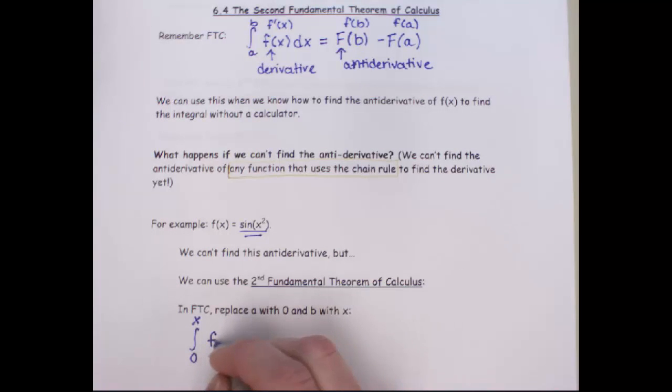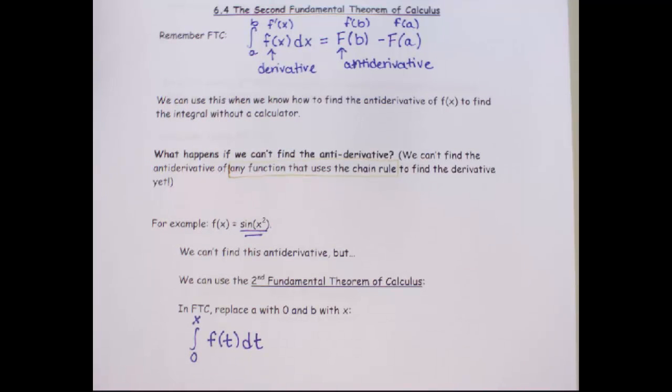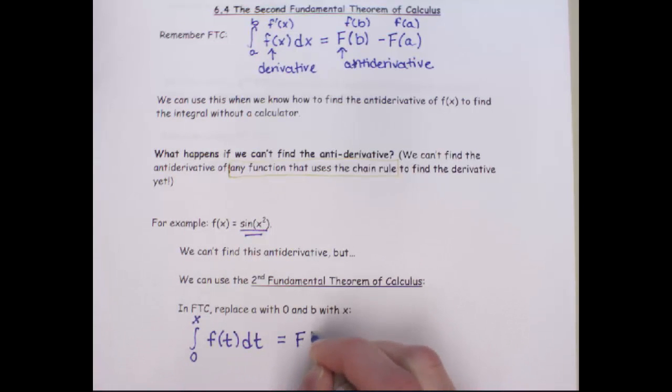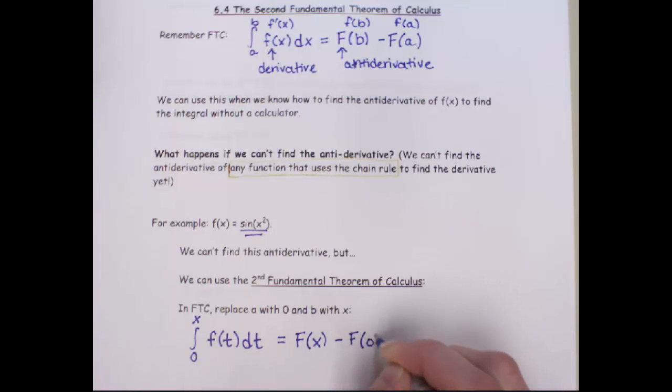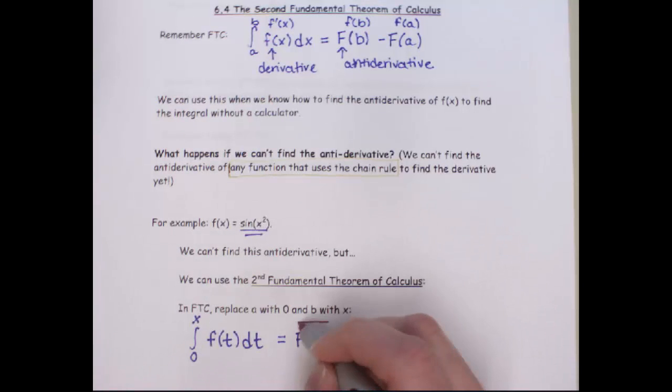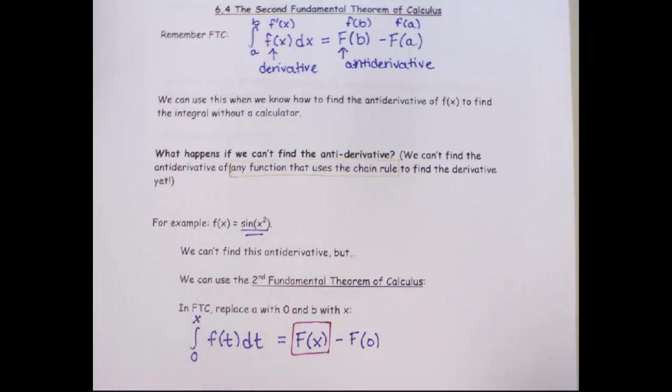So instead of writing f of x, we're just going to change it to f of t dt. So the second fundamental theorem tells us that this integral is equal to capital F of x minus capital F of 0. And so capital F of x really is the antiderivative.